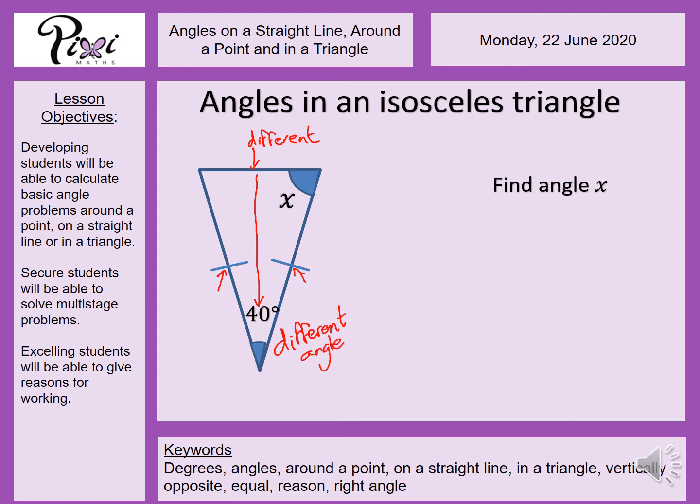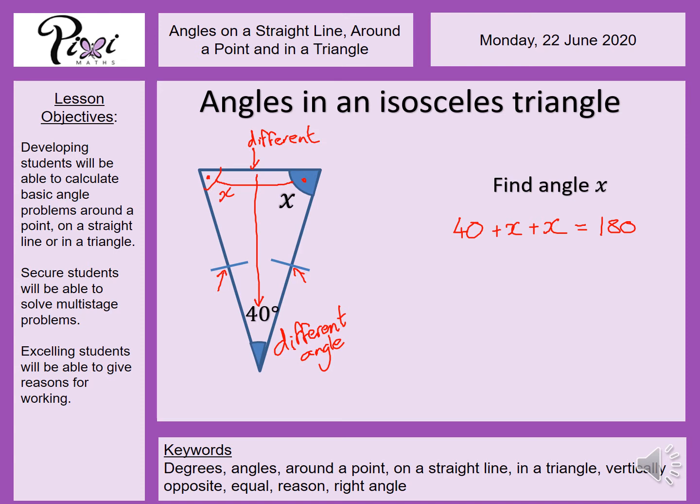Which means, if we know that these two are the same, so this one and this one, that means this has to be x as well. So what we've got now is 40 plus x plus x. And we know that that must equal 180 because angles in a triangle always add up to 180.